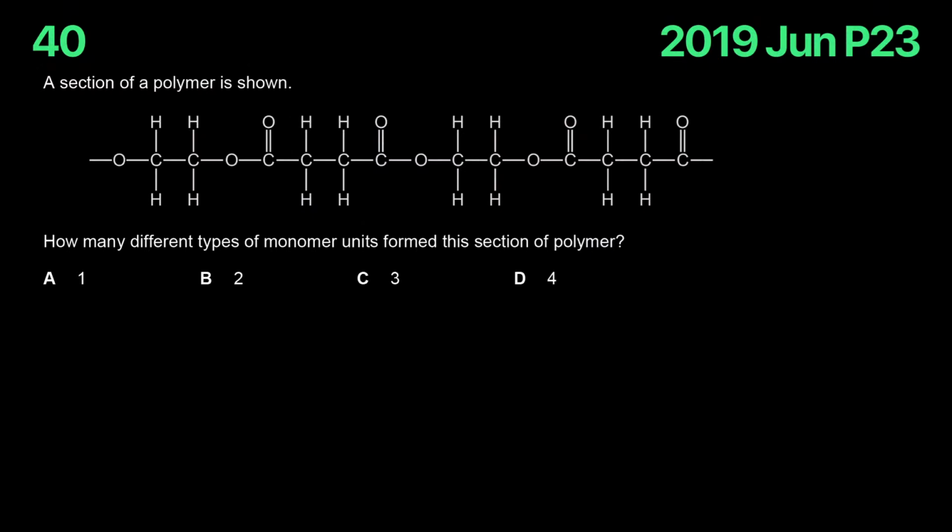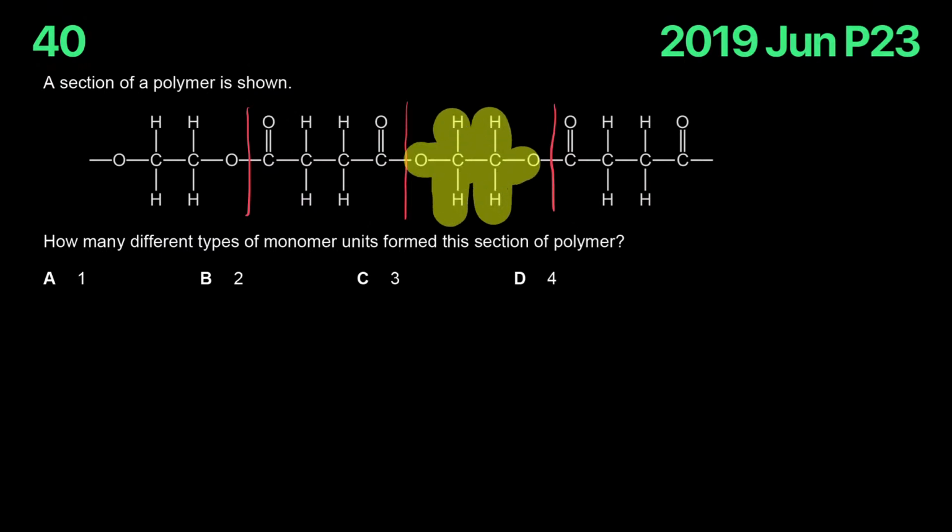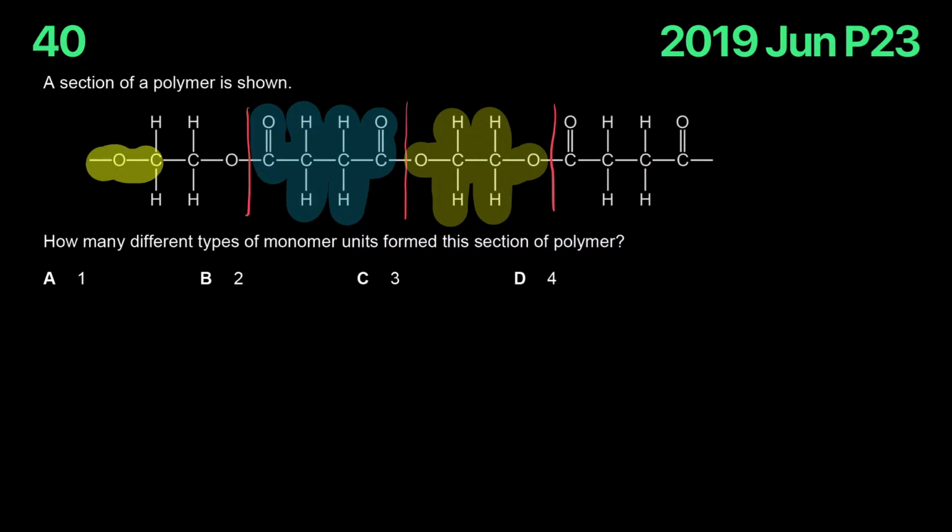A section of polymer is shown. How many different types of... Oh, finally. We find our ester links and we cut them there. Polyester. Are all these yellows same?